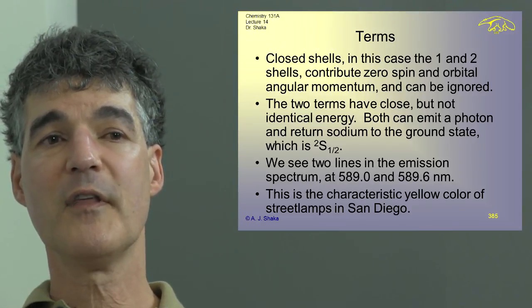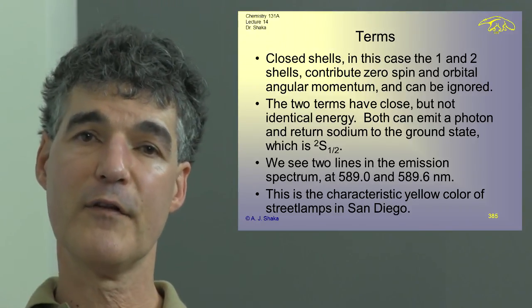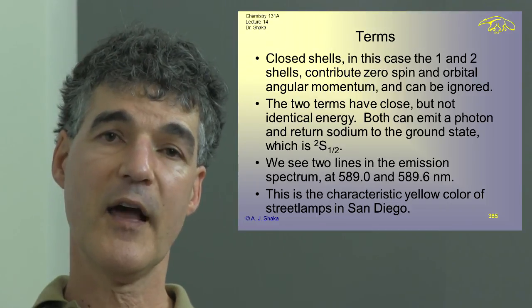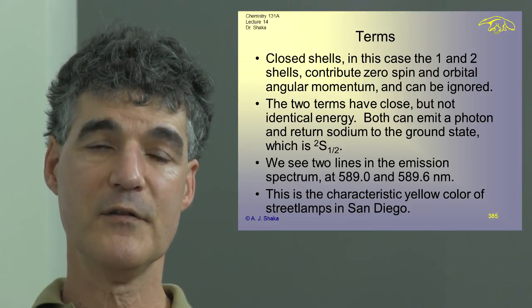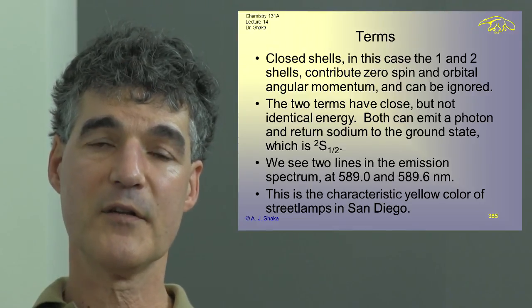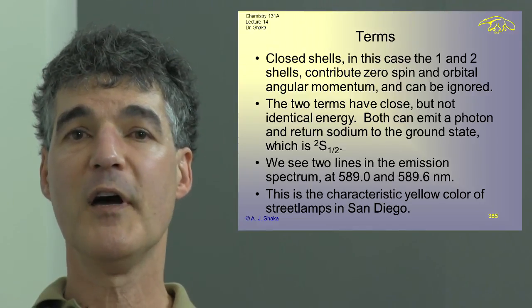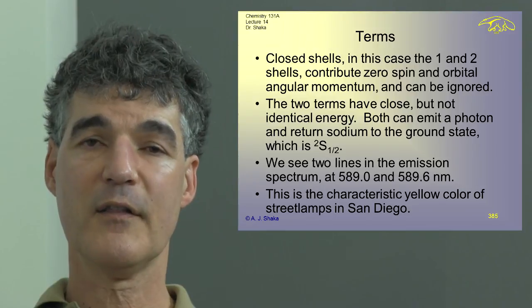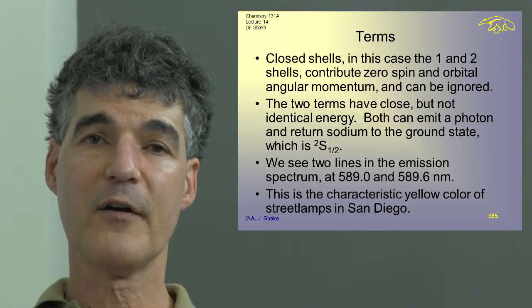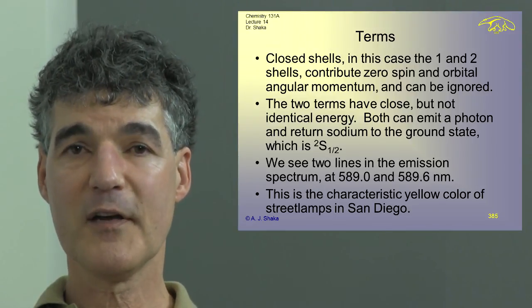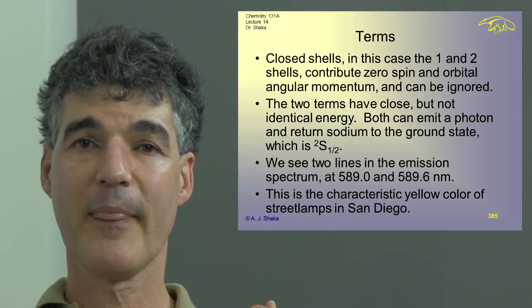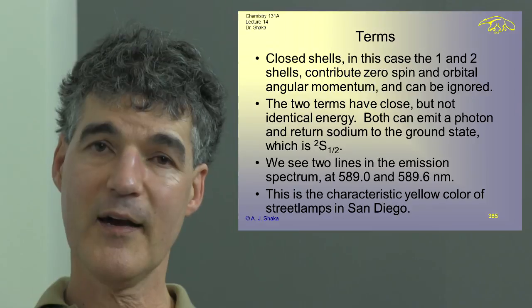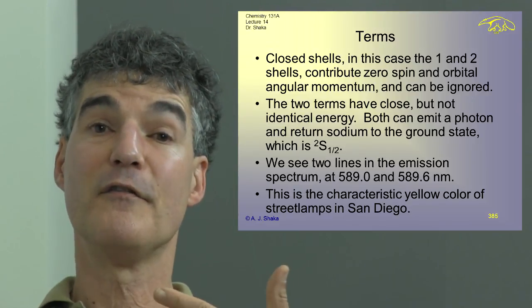These are also the characteristic yellow color of the fog lamps you see down toward the beach in places like San Diego, or at least you used to. They might not be so energy efficient now. But the yellow color was thought to be much better when you had fog, because with very strong white light, sometimes you just see the fog.